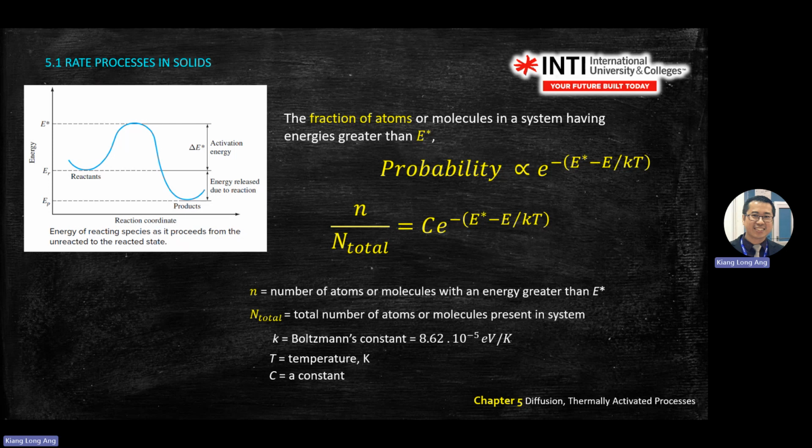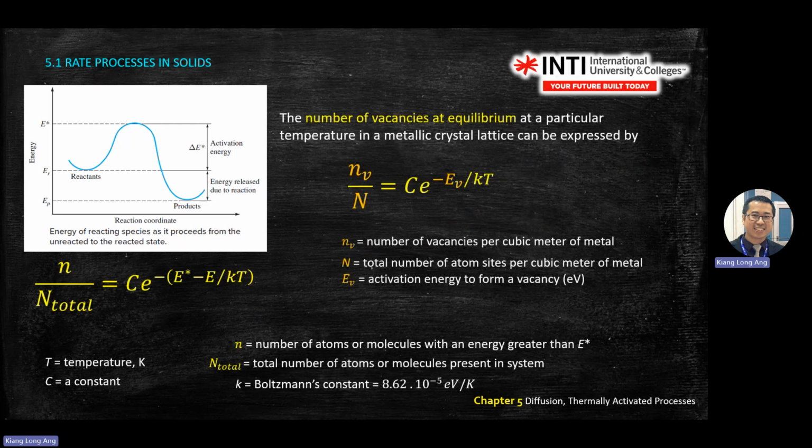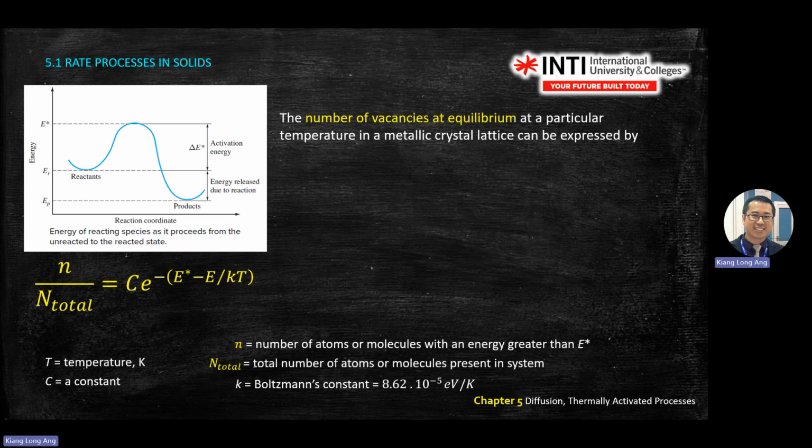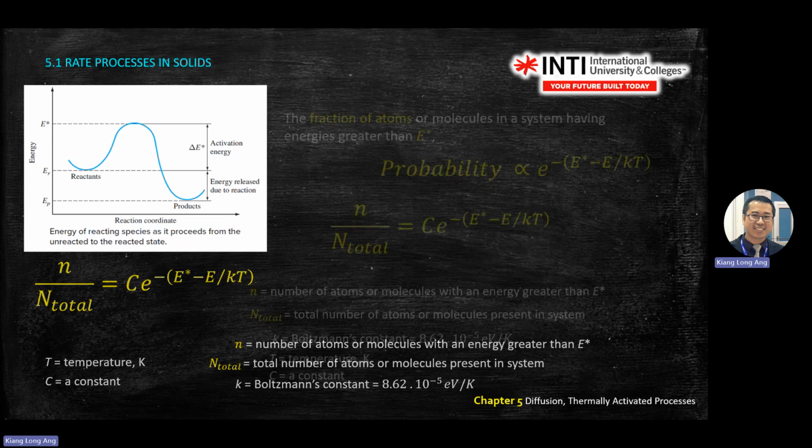If you put this equation inside the other, it gives you the number of vacancies at equilibrium. The number of vacancies N sub V divided by N equals C e to the power of minus E_V divided by kT. So when the question asks you about vacancy, remember to use the activation energy to form vacancies. Don't confuse it with the activation energy for diffusion.